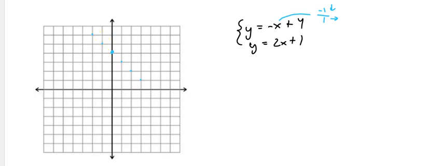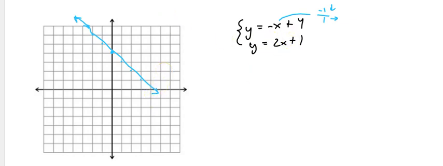Now let me see how well I can draw a straight line on here. It's not horrible. I tried to use a ruler, but probably could have done it better freehand.